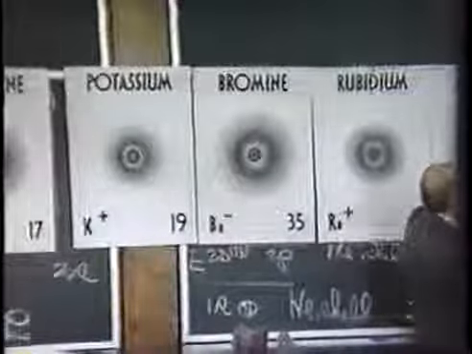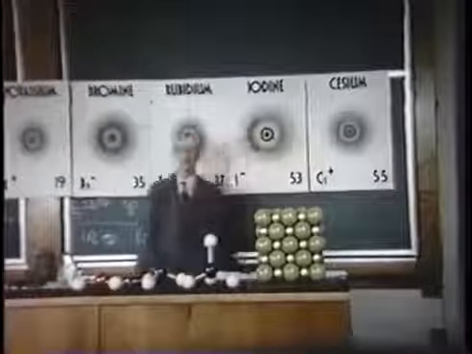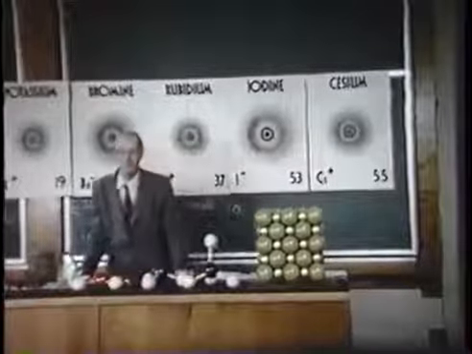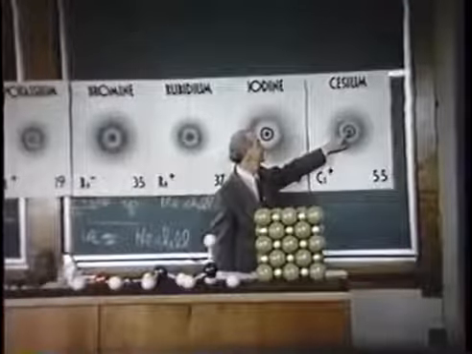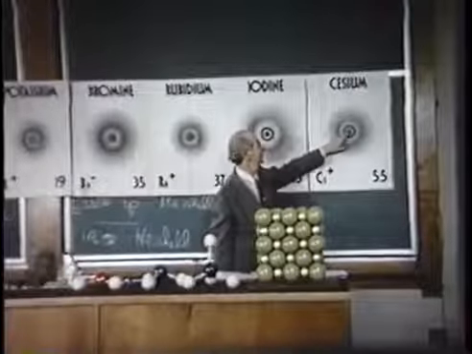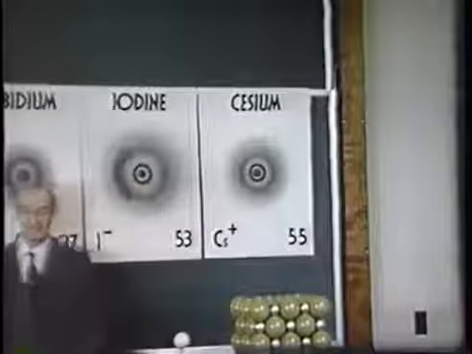Cesium loses 1 of its 55 electrons easily to assume the electronic structure of xenon. It has 2 K electrons, 8 in the neon shell, 8 in the argon shell, 8 in the krypton shell, and 8 in the xenon shell.